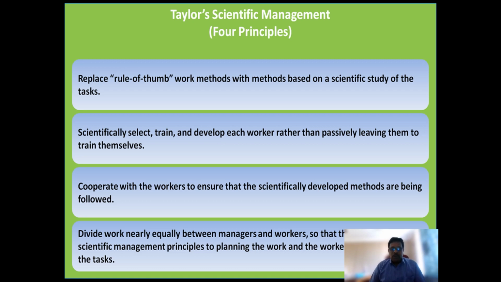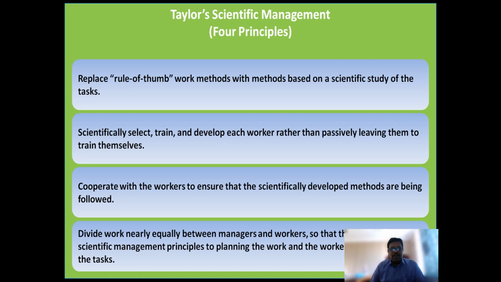This will save time and also human energy. The decision should be based on scientific analysis and cause and effect relationship rather than rule of thumb, where the decision is taken according to the manager's personal judgment.